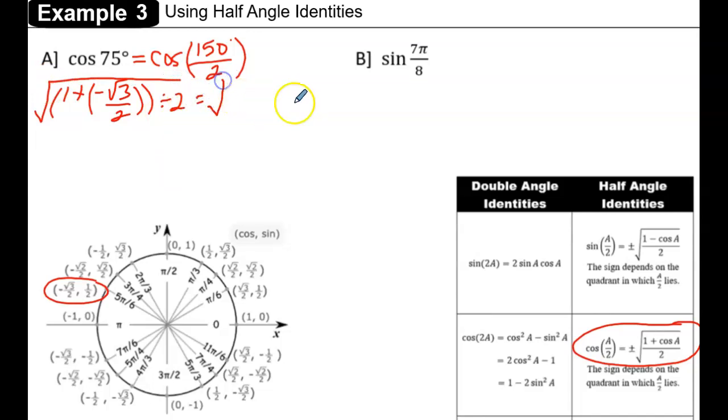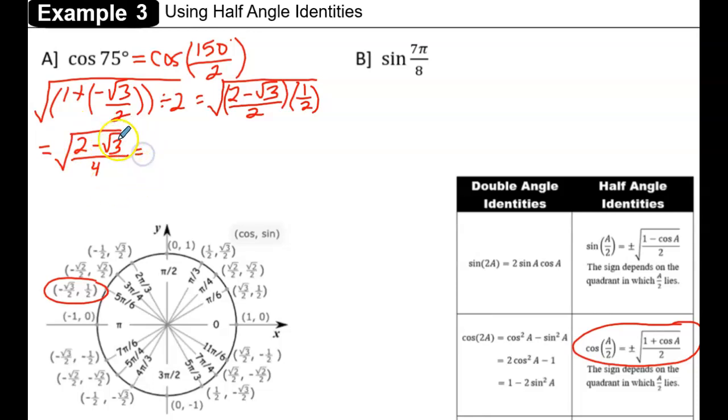So I'll have under my square root, when I get a common denominator and combine that fraction, 2 minus the square root of 3, all divided by 2 in my numerator. Dividing by 2 is the same as multiplying by 1/2, and that equals 2 minus the square root of 3 under the radical in the numerator, and then the denominator, 2 times 2 is 4.